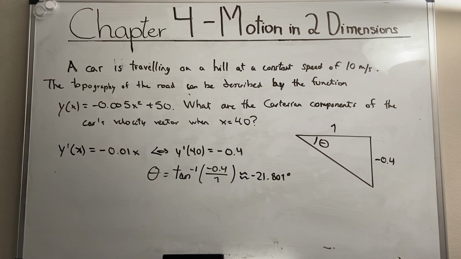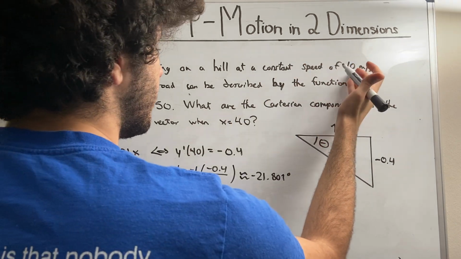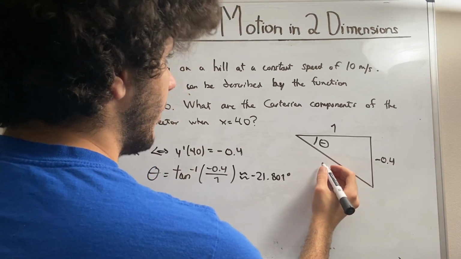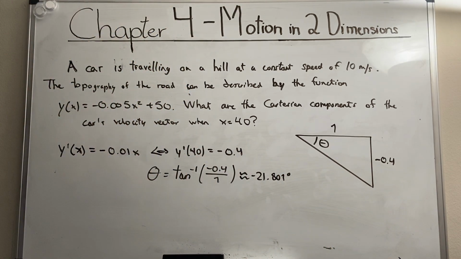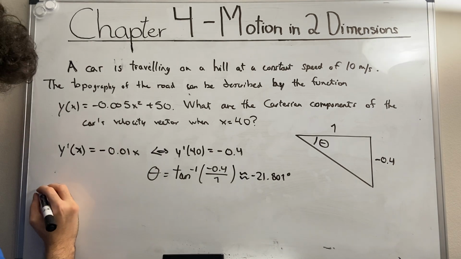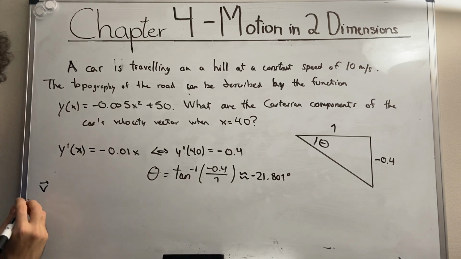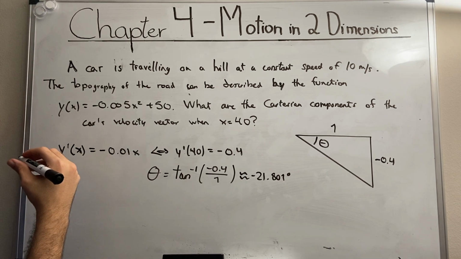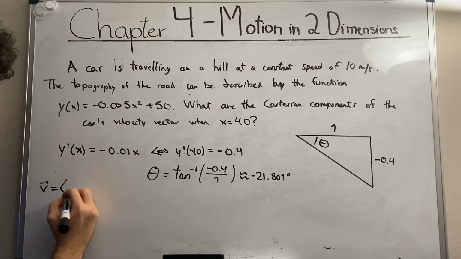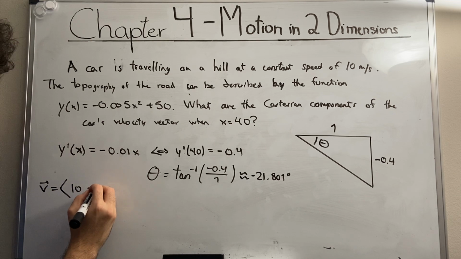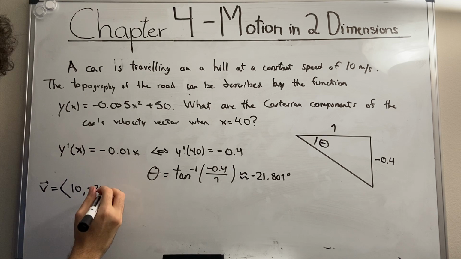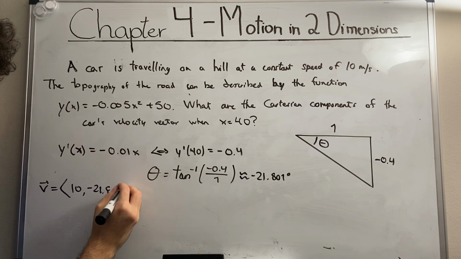At this point we know the magnitude of the velocity. So if we call the velocity vector v, then what we have is 10 comma negative 21.801 degrees, right?